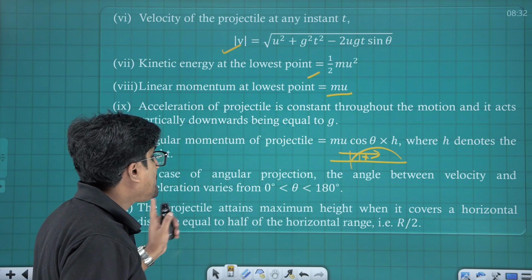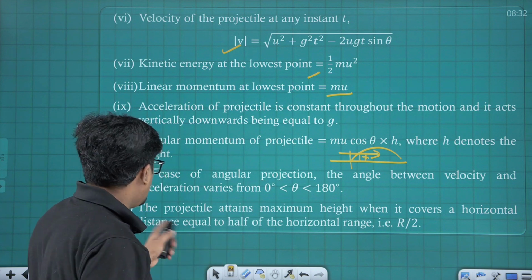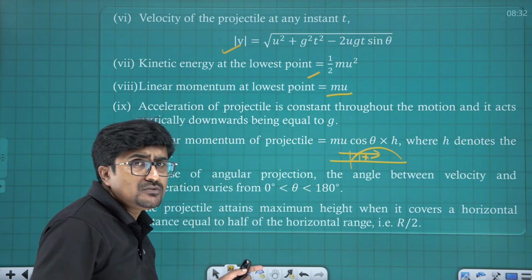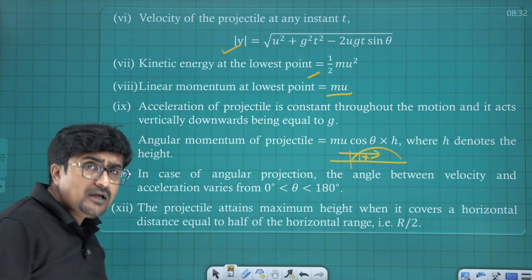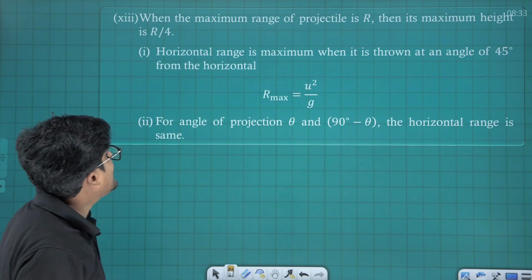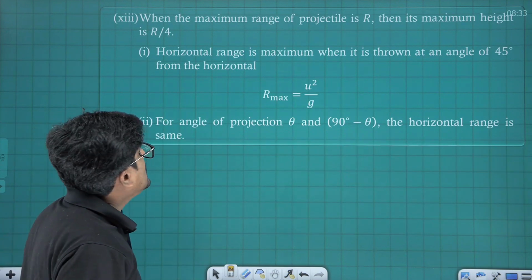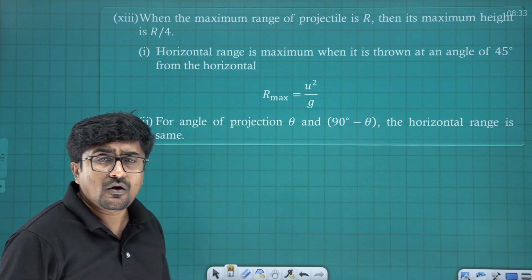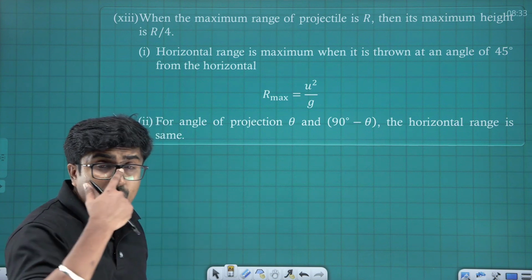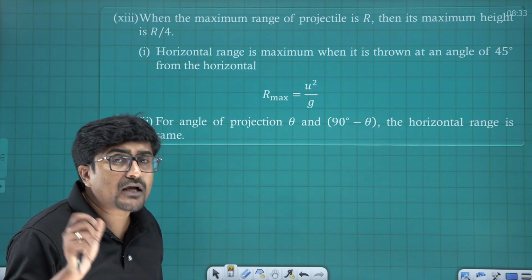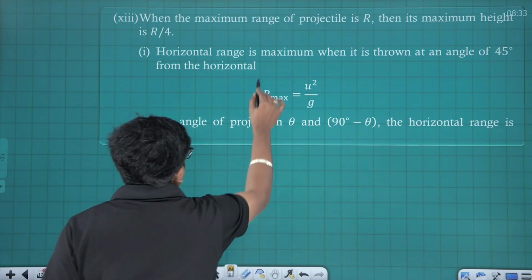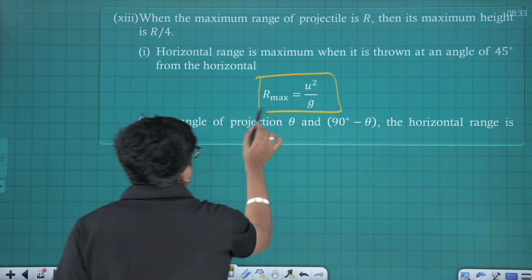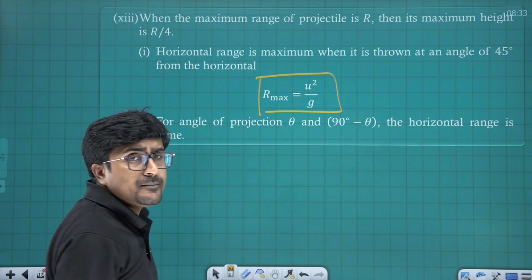Fine. And the next thing is regarding the time that I already told you. The time for the first half flight and the time for the second half flight is going to be the same. And the next one is regarding the maximum range of the projectile. The maximum range always happens if the angle of projection theta is equal to 45 degree, and you get the expression R max equal to u square divided by g.